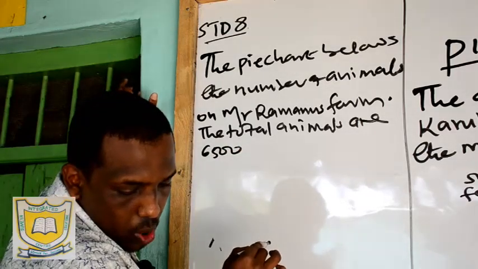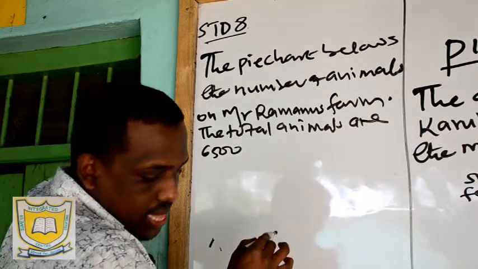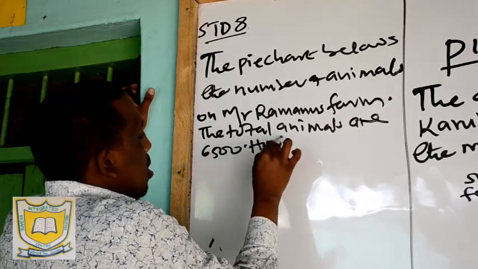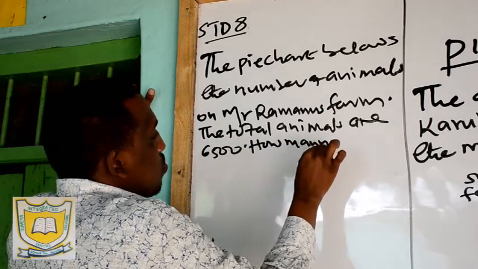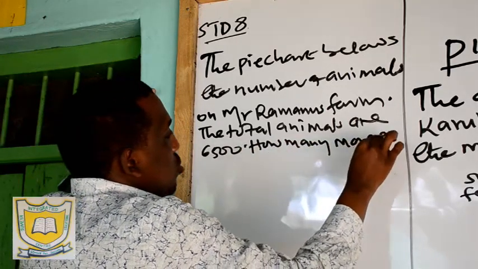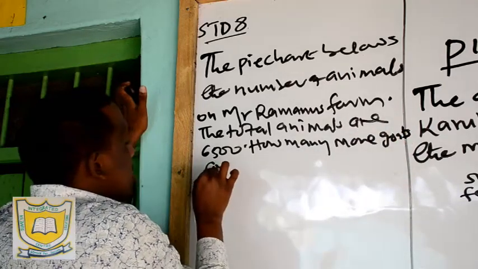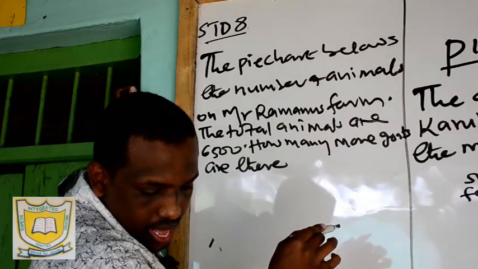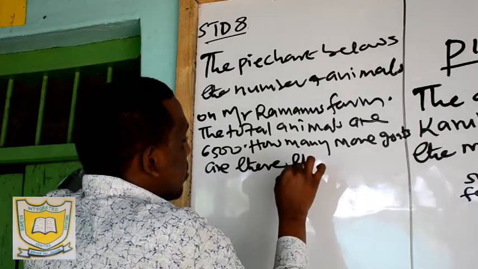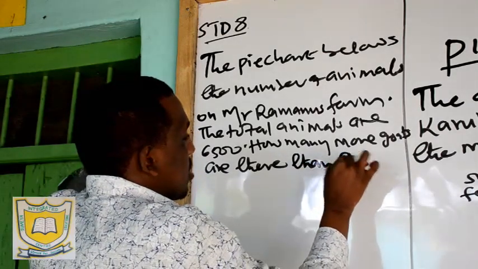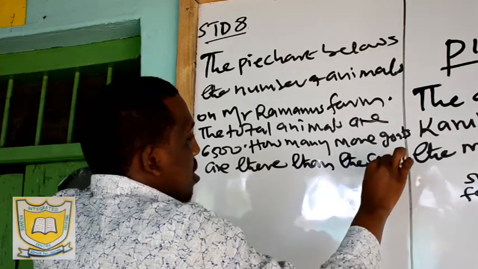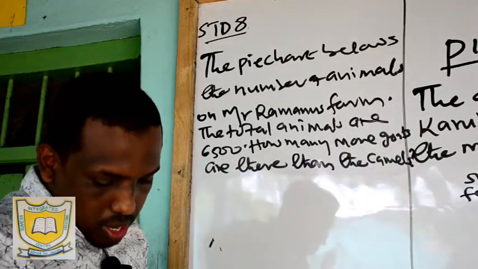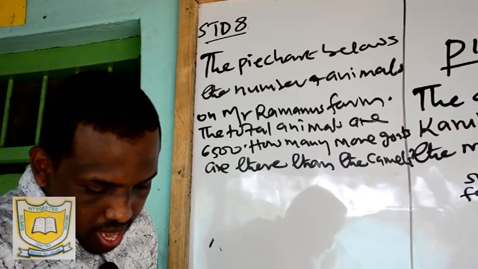How many more goats are there than camels? How many more animals are there than the camels?